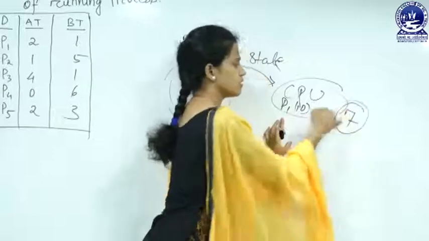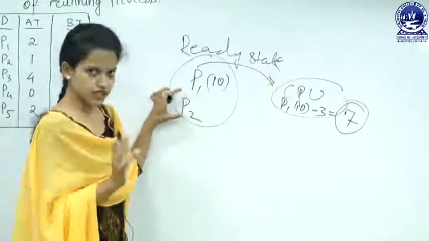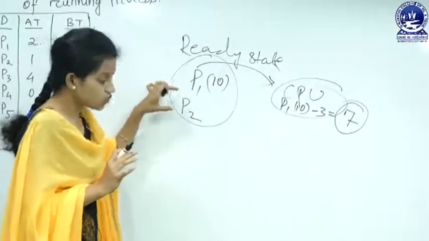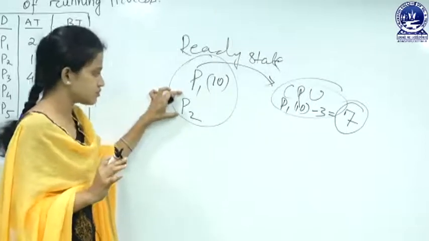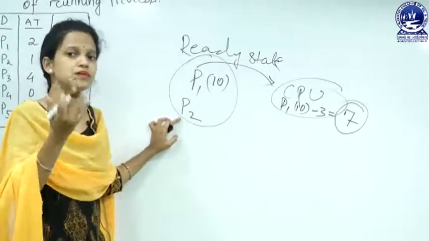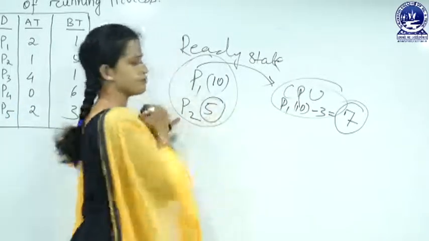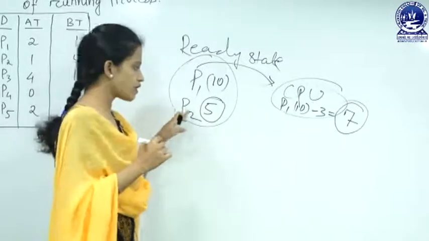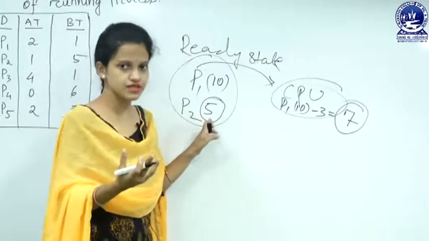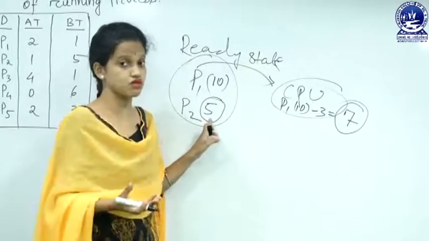When the newly arrived process comes, suppose it has a burst time of 5 milliseconds. It will require 5 milliseconds to complete its execution.